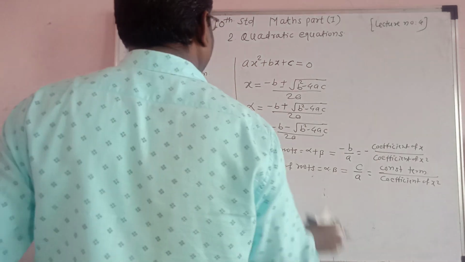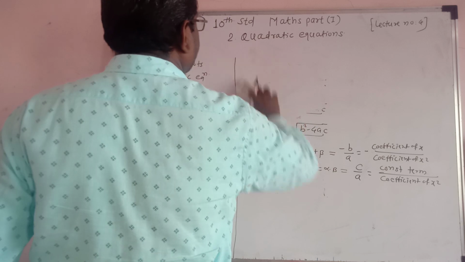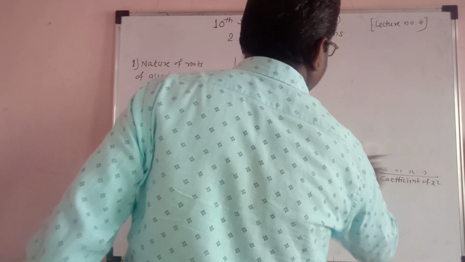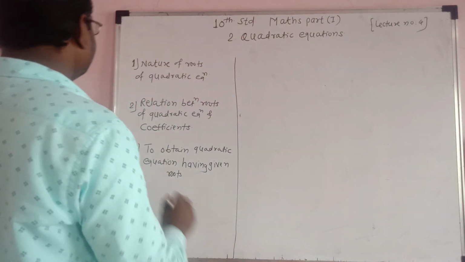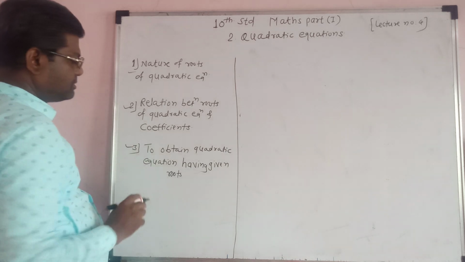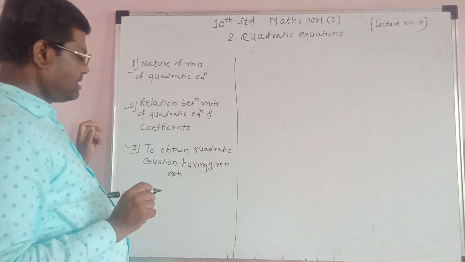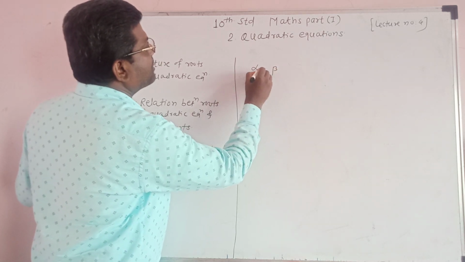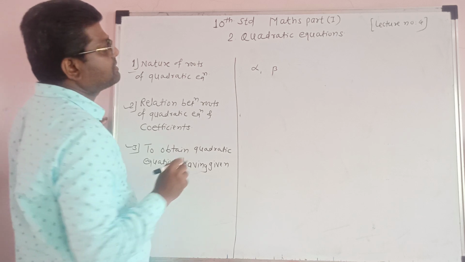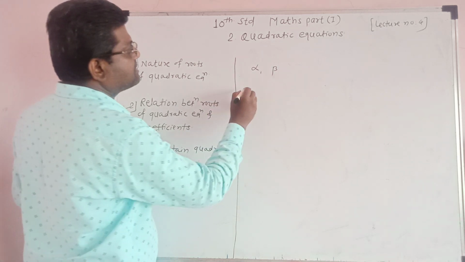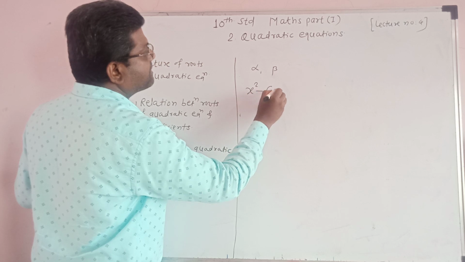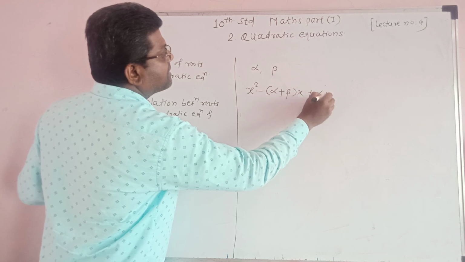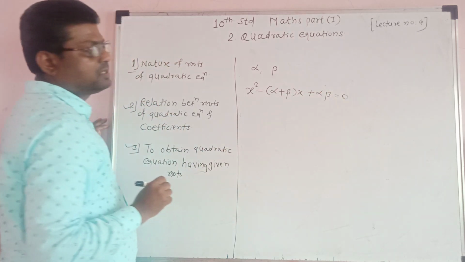Now if we know the roots of quadratic equation as alpha and beta, we can form that quadratic equation. That is, to obtain quadratic equation having given roots. If alpha and beta are the roots of a given quadratic equation, then we can form that quadratic equation as x² - (alpha + beta)x + alpha beta = 0.